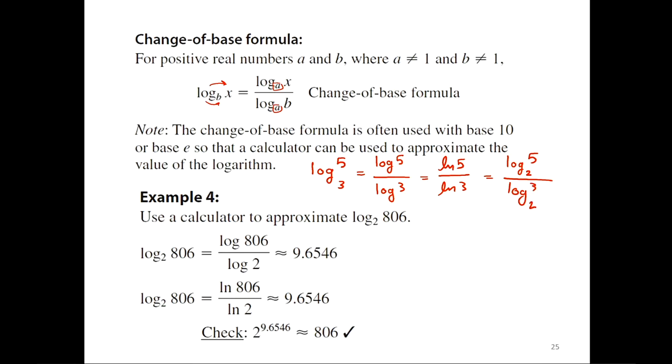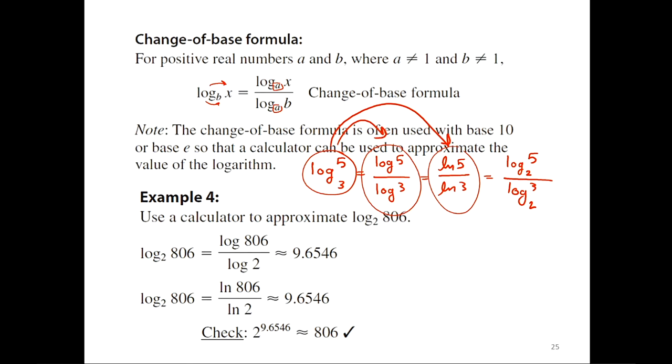Okay, but in general, use the ln or common logarithm, because in programming languages, we use the natural logarithm or ln. So how can we find log 5 to base 3? We need to change it by using the common logarithm or natural logarithm, using ln or log to base 10, to find log 5 to base 3.